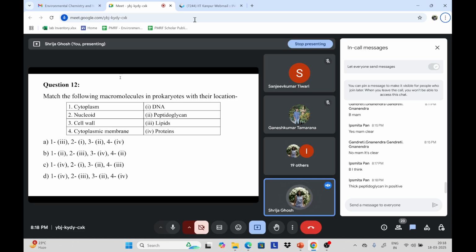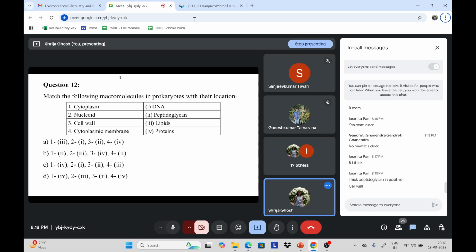Yes, thick peptidoglycan. Where was the peptidoglycan layer present? What part of the cell was the peptidoglycan present in? Yes, then why did you match cell wall with proteins? You only answered option B. Did you look at the options or did you just guess the answer?